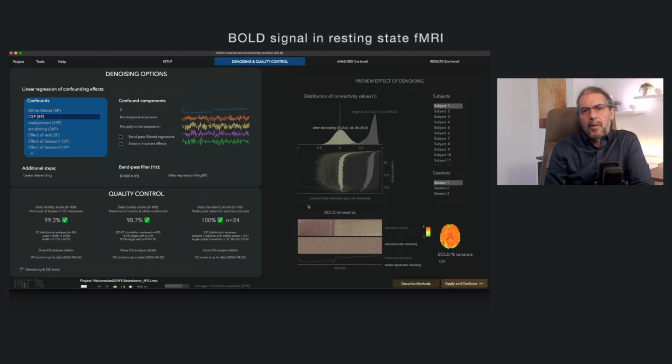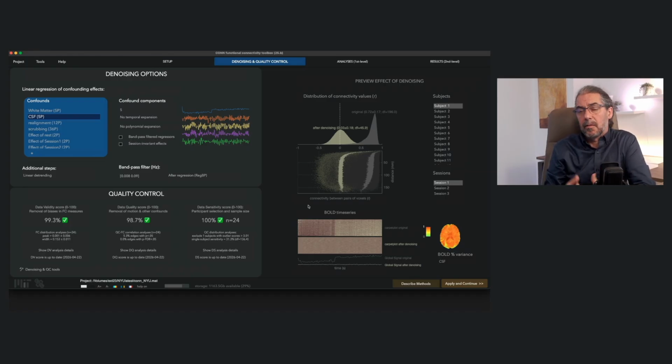The whole signal measured by functional MR imaging usually contains a mixture of effects. Some of the effects are the effects that we care about, the fluctuations in the BOLD signal that are related to neural activations of the areas of interest, but there are also other different fluctuations that also appear in the BOLD signal that we consider artifactual or of no interest.